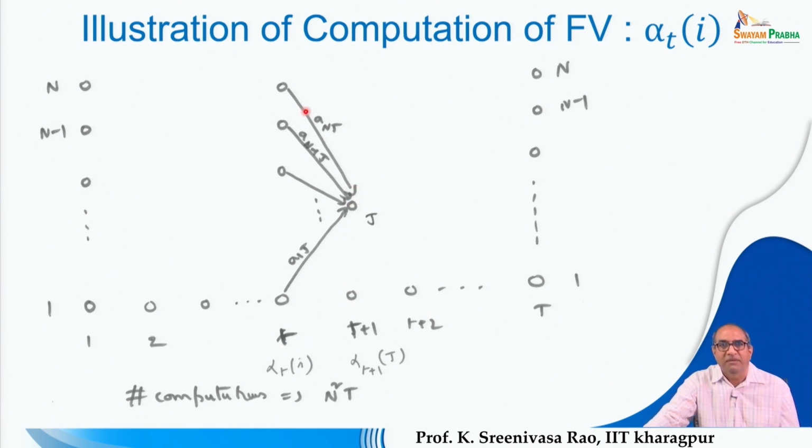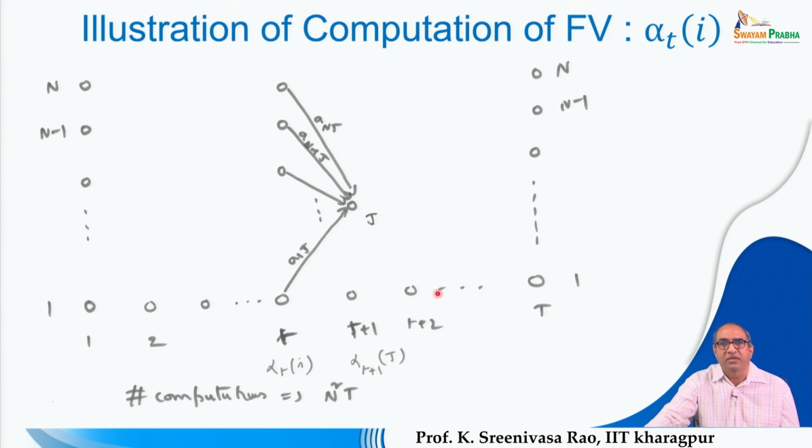Likewise at this particular time the number of states is n, again n. So, at each time instant, to compute alpha t of the different states, the number of multiplications required will be n square for every time instant.